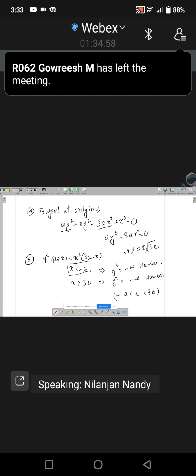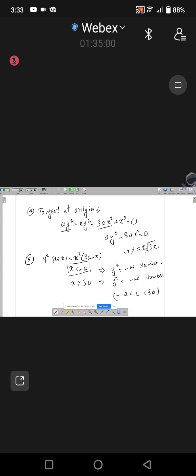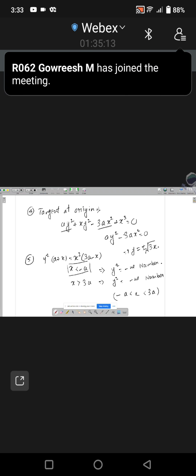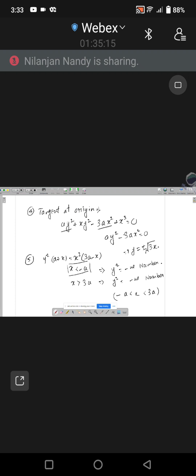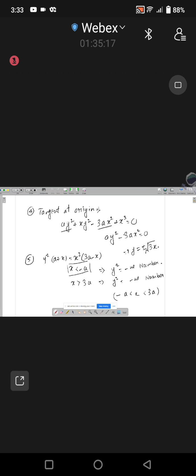The region is minus a to 3a. Again, we are checking for the asymptotes. The asymptote parallel to the y-axis is x plus a equals 0. There is no asymptote parallel to the x-axis. We do up to this first, then we'll discuss the oblique asymptotes.